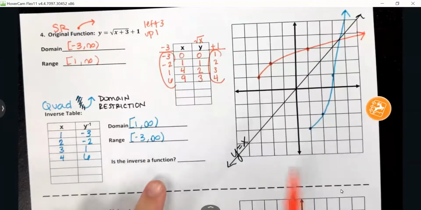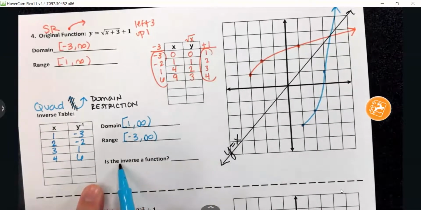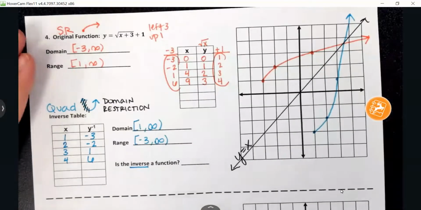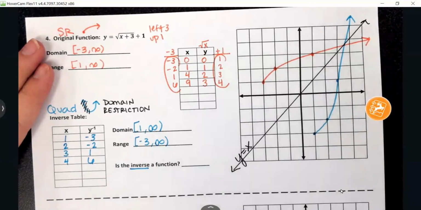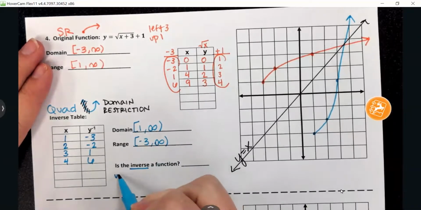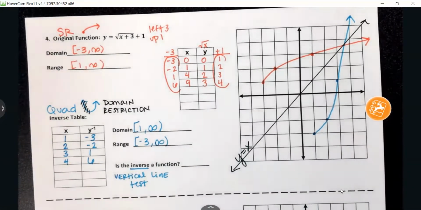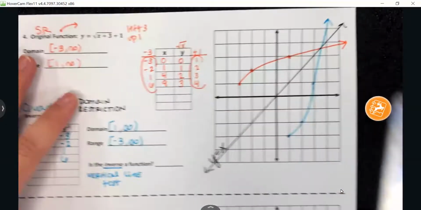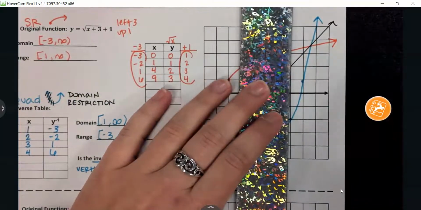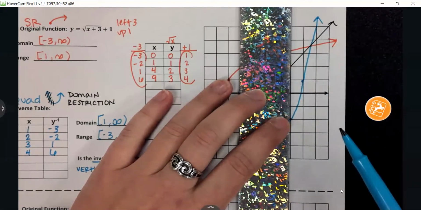Last question, then we're gonna go to one more example. Is the inverse a function? All I'm looking at is my blue line. Is it a function? This is called a vertical line test, meaning on my inverse, so just looking at the blue, if I have a vertical line, how many times does that blue graph touch my vertical line?